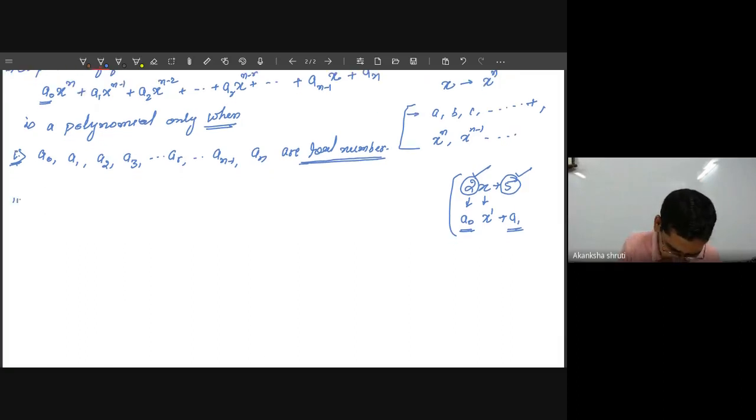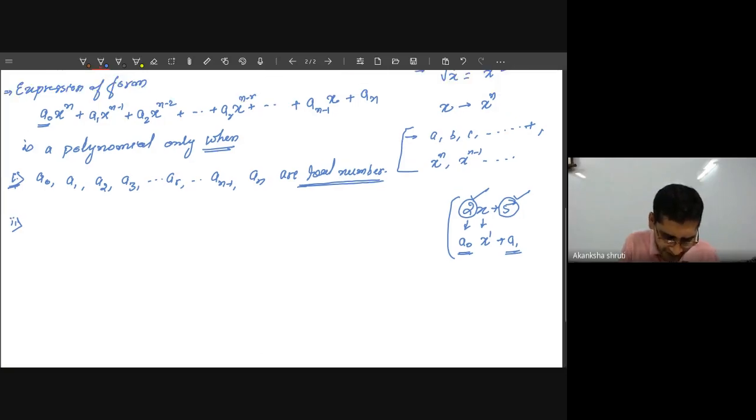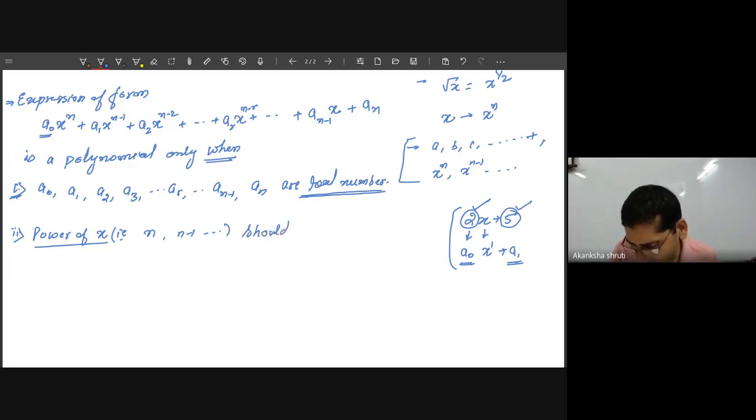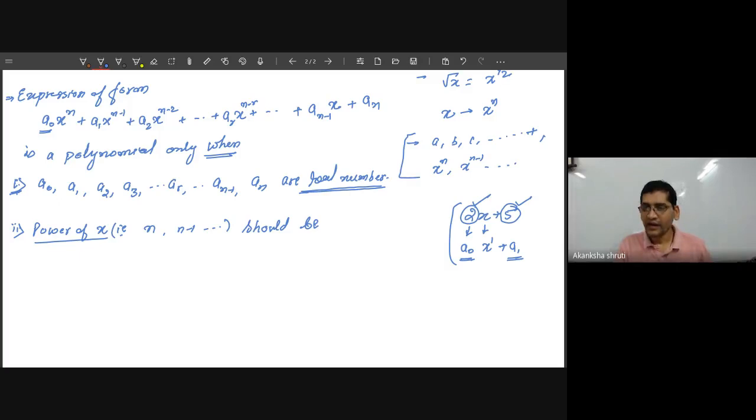The second condition is that whatever these powers of x, that is n, or even n minus 1, all these things, whatever this power of x is, should be a non-negative integer. It cannot be any negative integer.